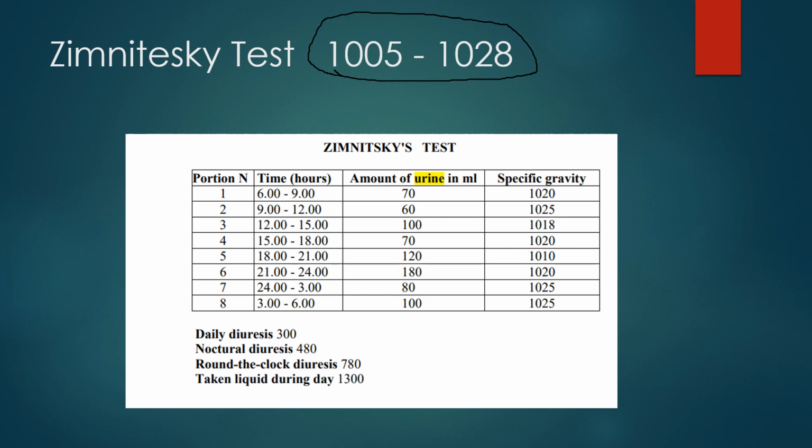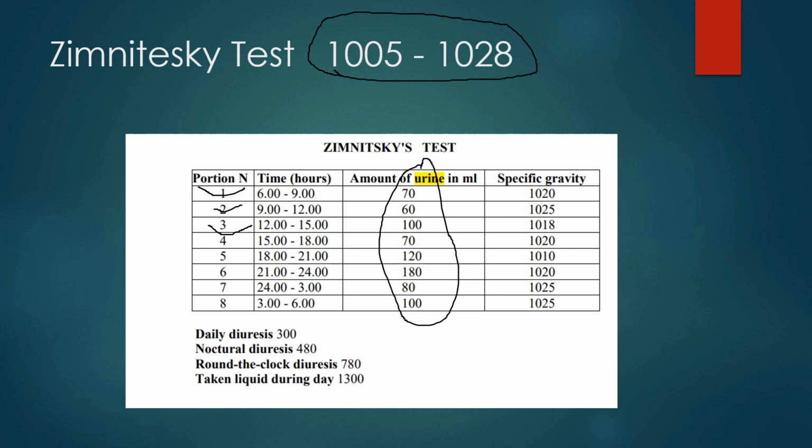I want to give you an example of the Zimnitsky test. We will do this test with the help of this example. How can we name the conditions? First of all, we will check the amount of urine at one time, like we took samples between 6 to 9, 9 to 12, 12 to 15. First, we need to find the first symptoms from the amount of urine.